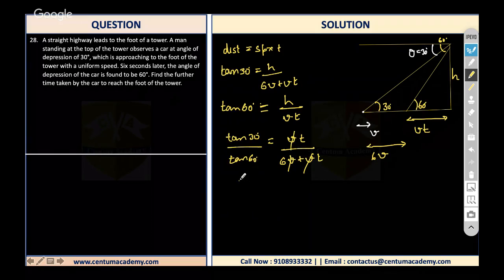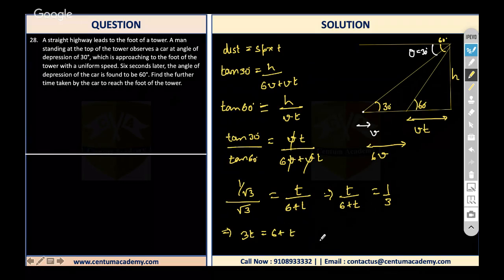Now tan 30 is 1 by root 3. Divided by root 3, which is tan 60, is nothing but t upon 6 plus t. So this is nothing but t upon 6 plus t is 1 by 3. So this implies 3t is equal to 6 plus t.